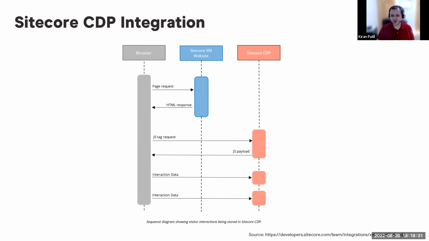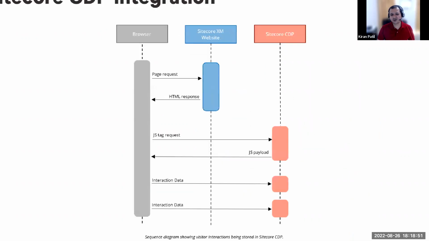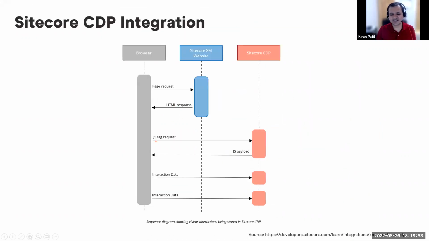The similar code you have to just integrate, and then your Sitecore CDP streaming integration is done with some basic information. So whenever the browser opens, it requests the page from the Sitecore XM website. The HTML response is sent, and obviously in this response, you'll have your JS tag, which is provided by Sitecore CDP system, which we'll see in a while.